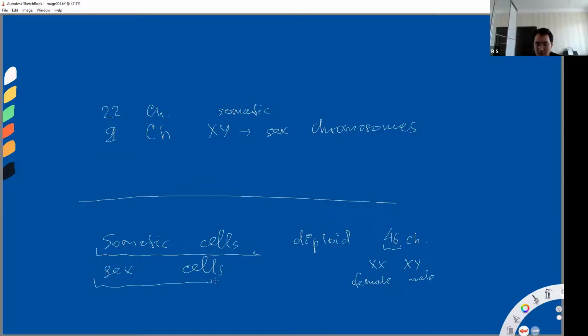And for sex cells, you will have 23 chromosomes, haploid. So 22 somatic and either X or Y. So these guys will be the 23rd. But this is not the same as this, okay?